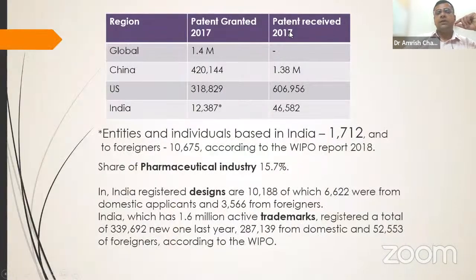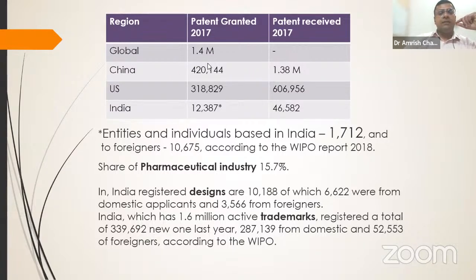This was the situation in 2017, but it's not the same right now. If you can just see the numbers, globally, we just talk of the number of patents received, in the last column. China filed around 1.38 million patents. In the US there were 6 lakh patents, and India had filed just 46,000 patents.